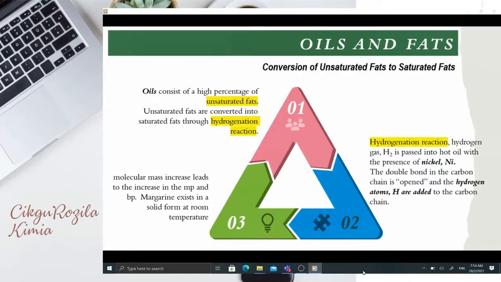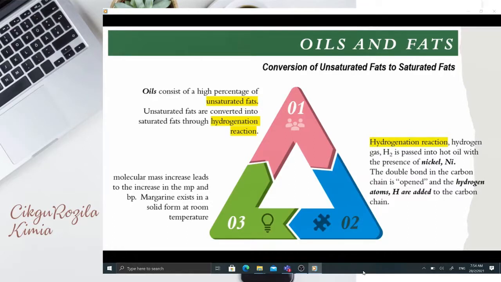That's why kalau awak tengok dalam ingredients of margarine, okay, margarine tu exist as solid form in room temperature, tapi sebenarnya dia berasal daripada oils. Okay, kalau awak tengok betul-betul, dia bukannya berasal daripada animal fats, tapi dia berasal daripada oils.